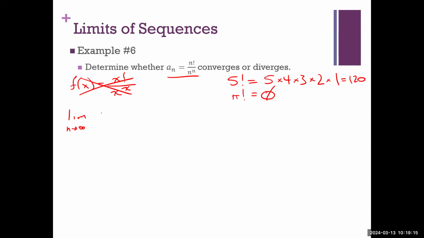What does n factorial mean? Well, it's n times what? n minus 1 times n minus 2, all the way down to 2 times 1, right? What does n to the n mean?